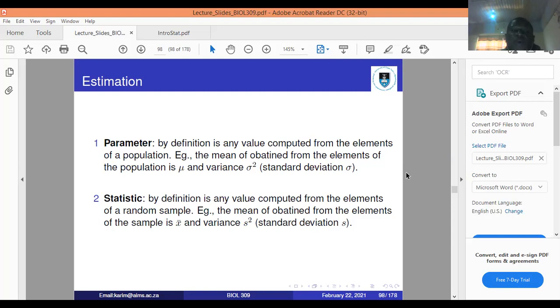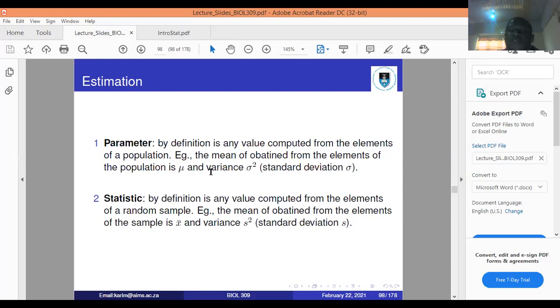And we have defined these 2 terms before, parameter and statistic. We have learned in our previous lectures that a parameter is a value or an estimate that you obtain using the population, and a statistic is when you use only the sample.